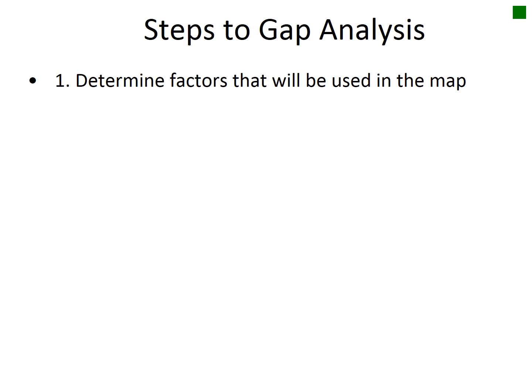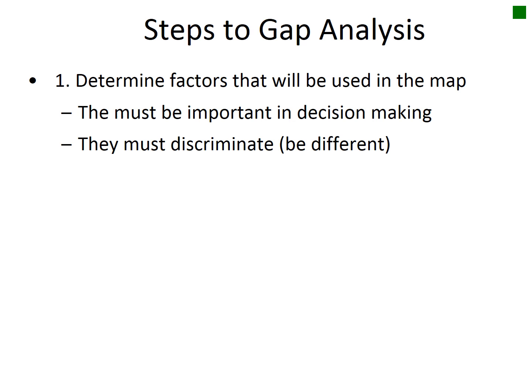So there are a few steps to take when we're looking at developing a perceptual map. The first of which is to determine which factors will be used in the map. So again, these are the determinant attributes or the axes that we use specifically to plot our brands and products onto the map itself. They have to be important to the decision maker, and in this case, the decision maker is usually the customer.